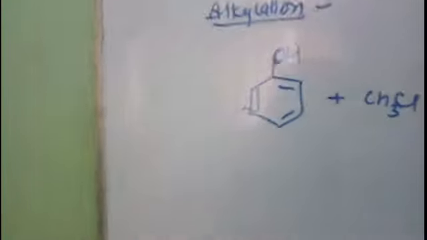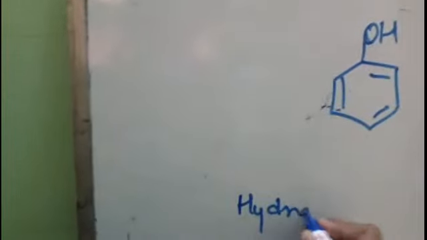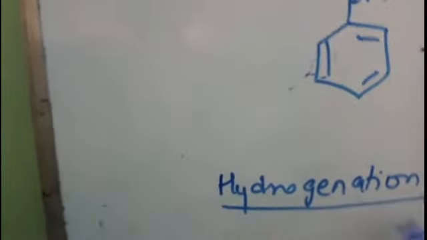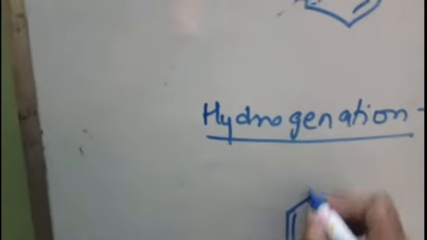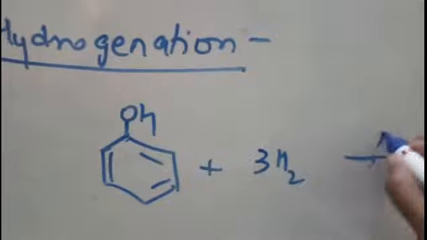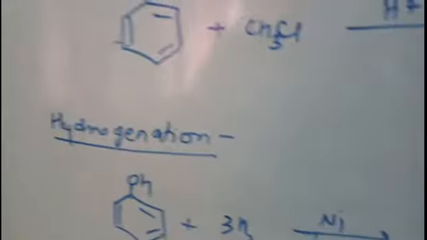Right, now next we will study hydrogenation of phenol. Hydrogenation of phenol is done in the presence of nickel catalyst. So when phenol is hydrogenated in the presence of nickel catalyst at 533 Kelvin, high temperature is required, right?